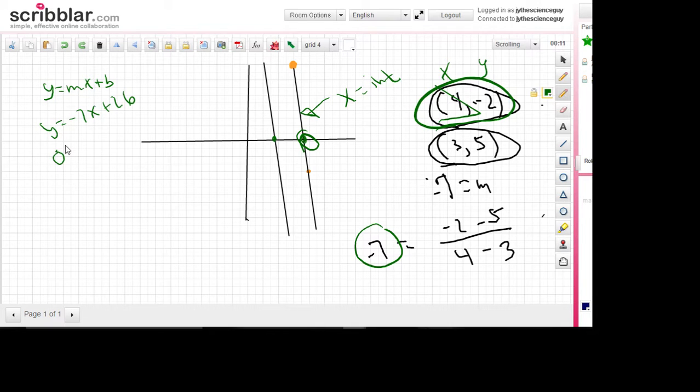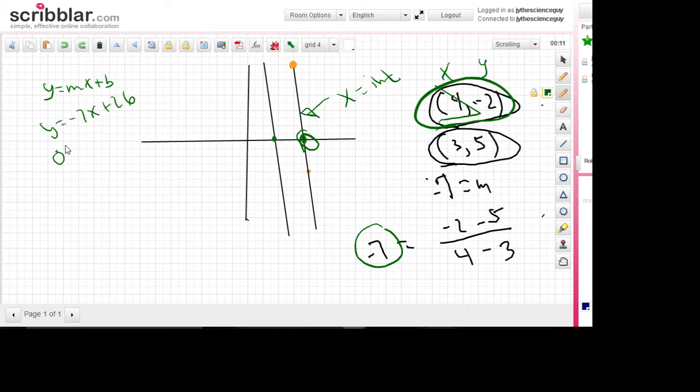So here, place the y equals 0. So the x would be 1. And then the y would be 1 also. Line solid or dashed?